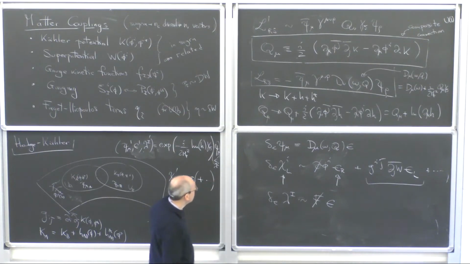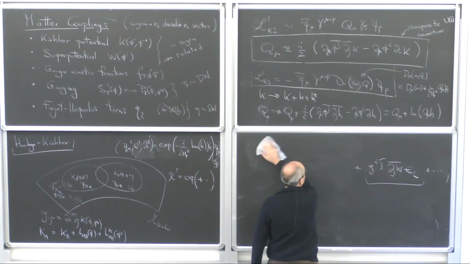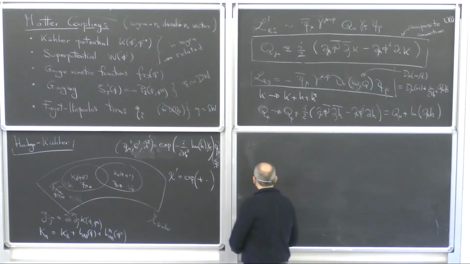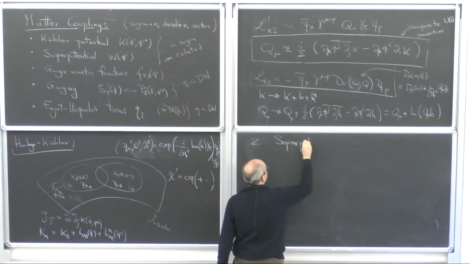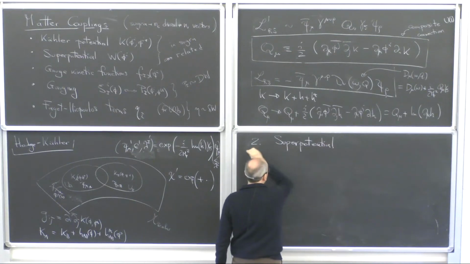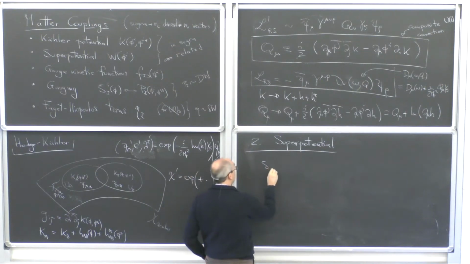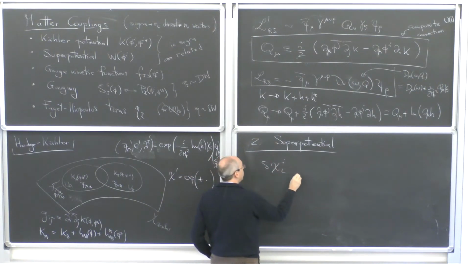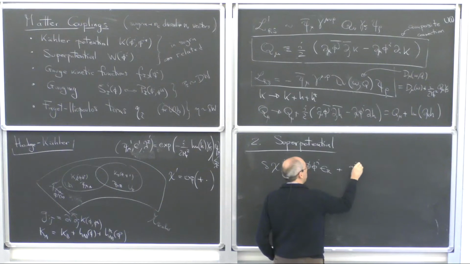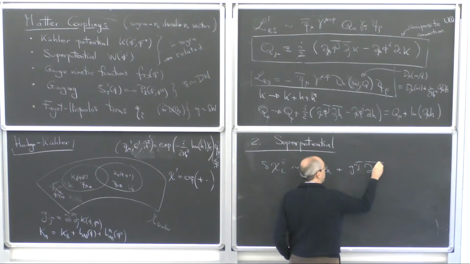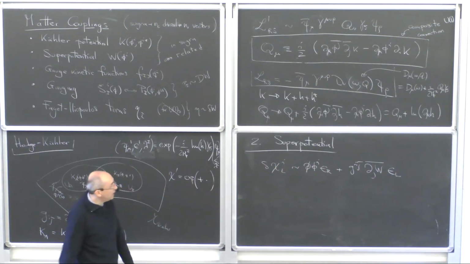Then the second step is related to the superpotential. And it has to do with what I was just saying, that if you look at the transformation rule of the chiralini, this contains a term which seems to transform in the wrong way.